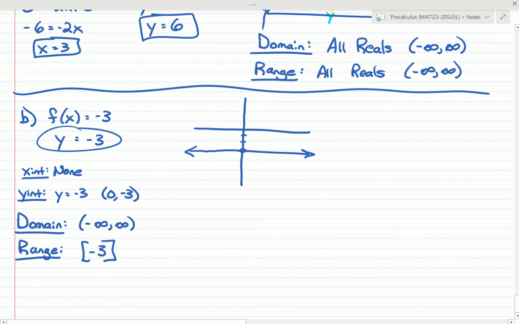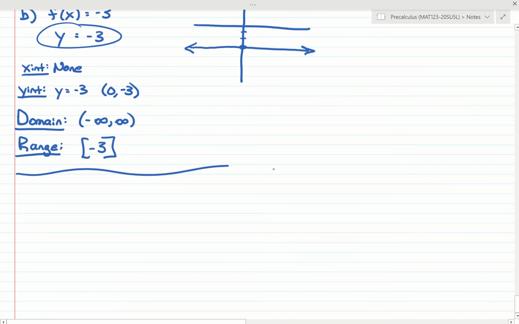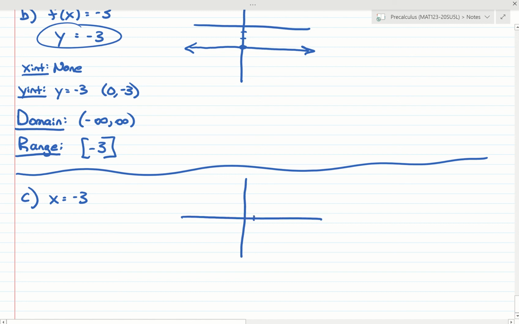Okay. A couple more. What about if we said x was equal to -3? Remember, anytime we have x is equal to anything, we could draw it, but it's a vertical line.